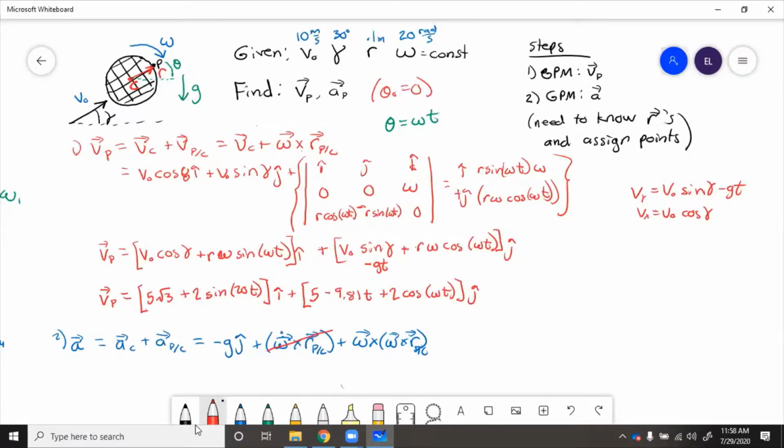And then we do this cross product. This is going to equal I, J, k, 0, 0, omega, and then the omega cross r, which we got up here, and that is r omega sine, r omega cosine, 0.